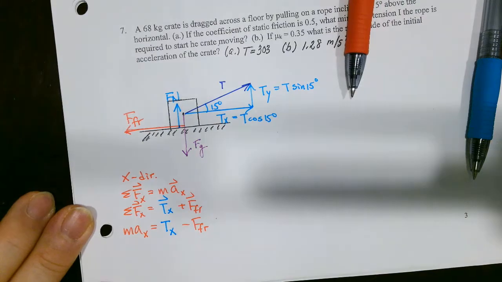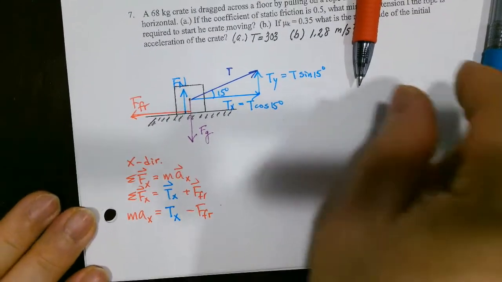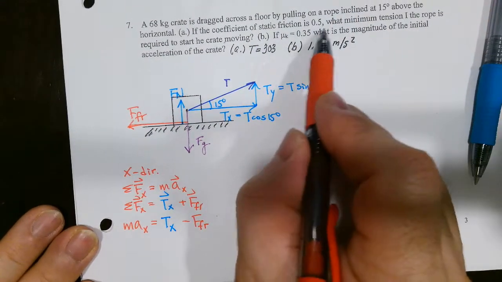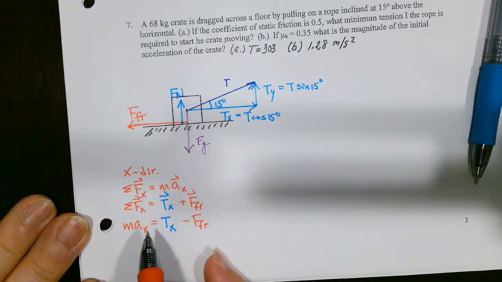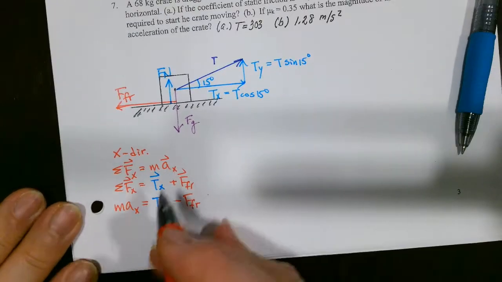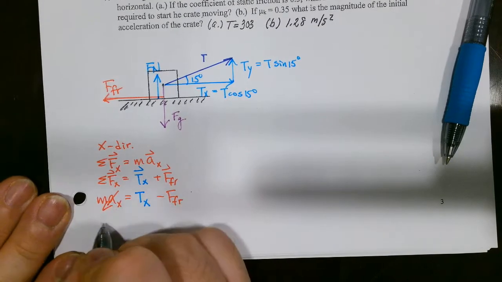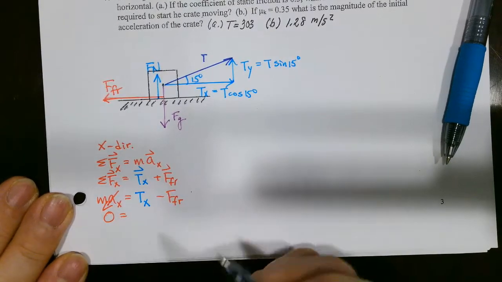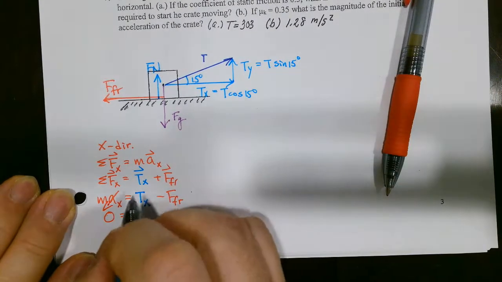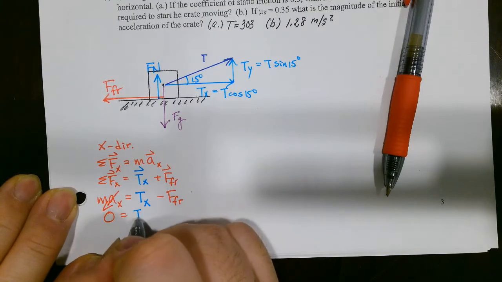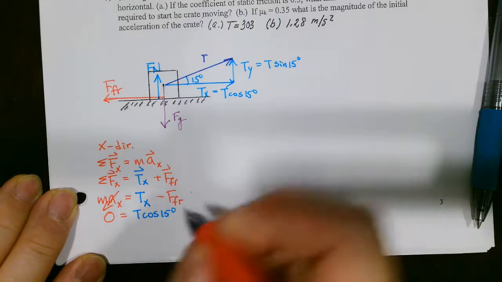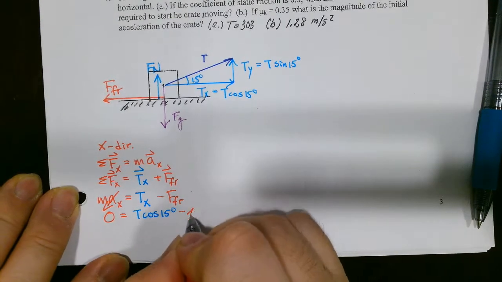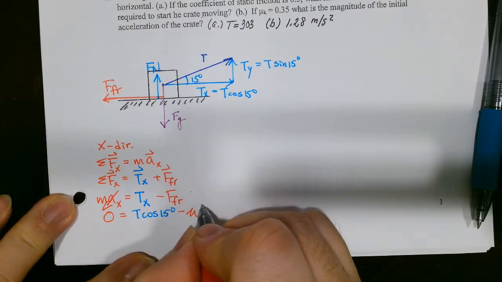Okay? Since it is static friction, it's not moving. I'm going to try to get this thing budged, so my acceleration at this initial point is 0. And my Tx is T cosine of 15 degrees minus mu times the F normal.